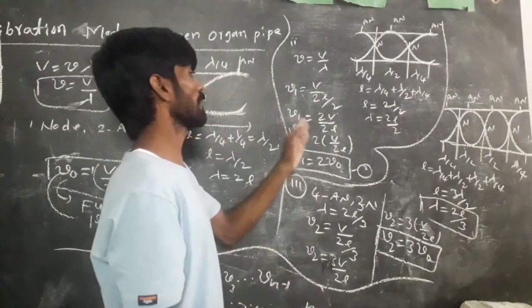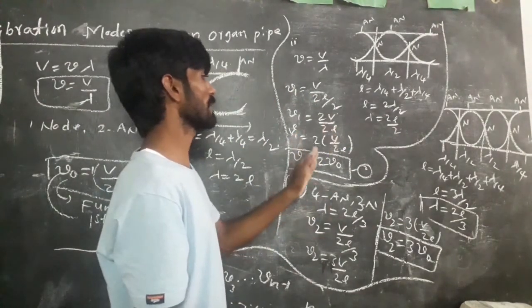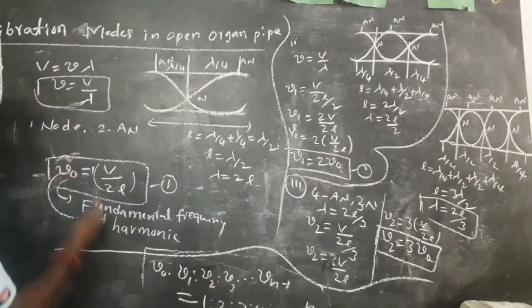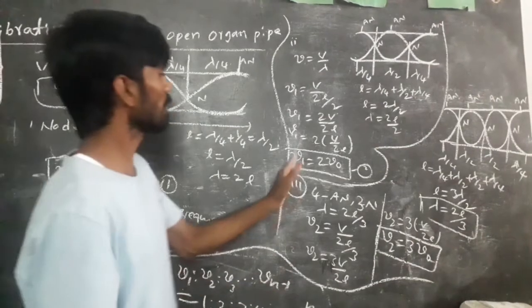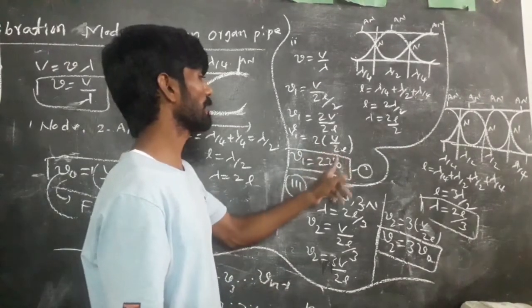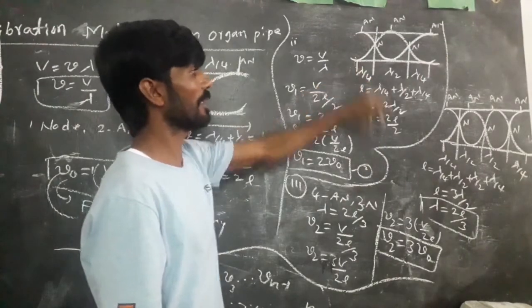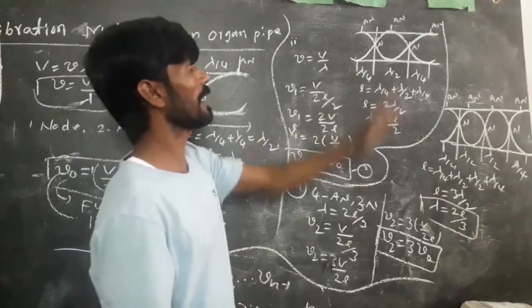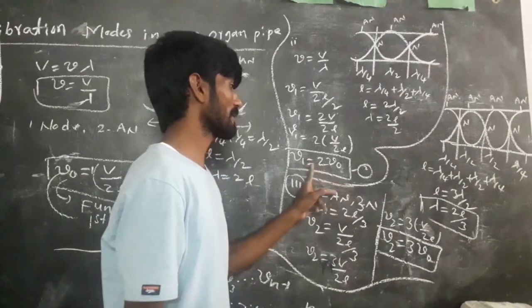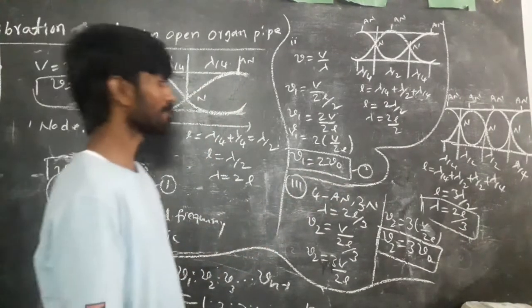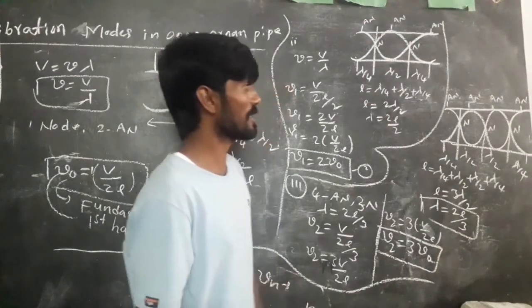Now ν1 = 2v/2L, which is 2 times v/2L, and v/2L is the fundamental frequency. So ν1 = 2ν0. This means when a stationary wave travels with three antinodes and two nodes, the frequency is twice the fundamental frequency.